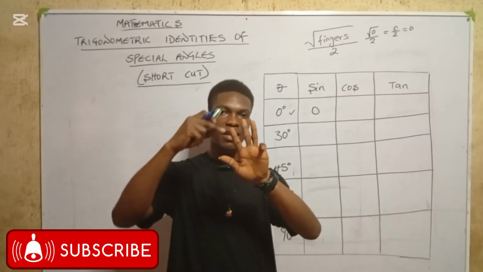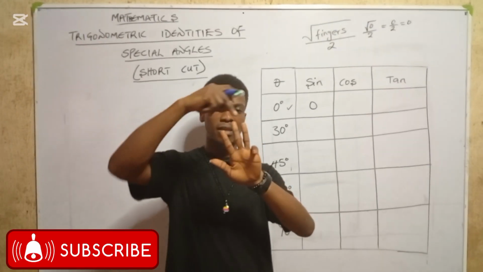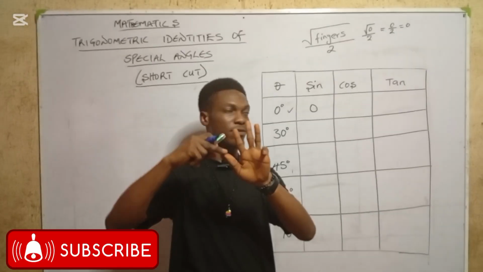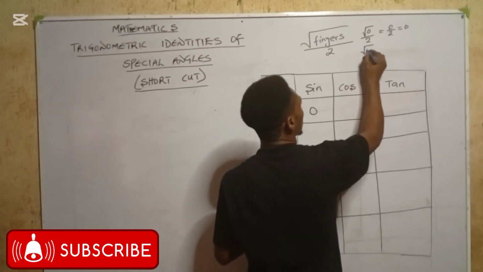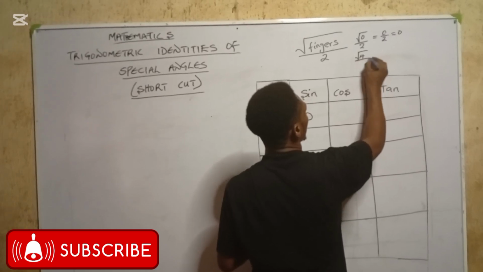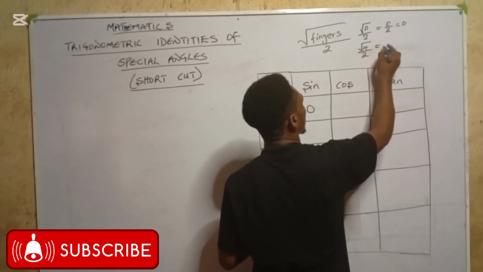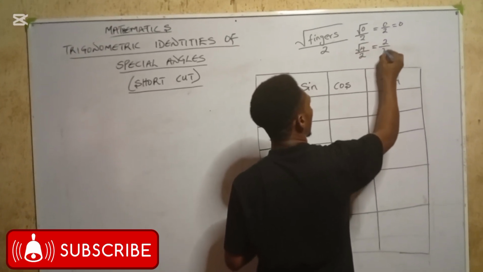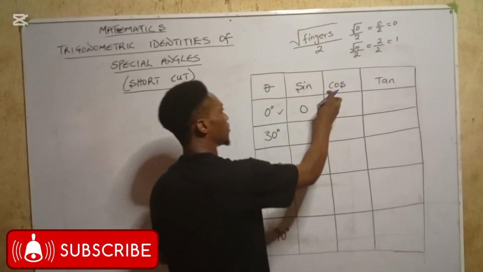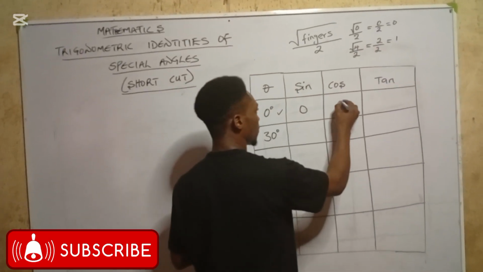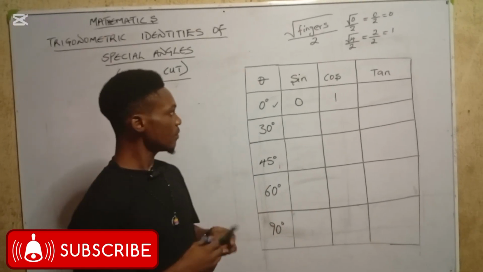How many fingers are left here? We have 4 fingers, 1, 2, 3, and 4. So we are taking square root of 4 all over 2. Square root of 4 is 2 divided by 2. And 2 divided by 2 is 1. That means cos 0 degree will give us 1.